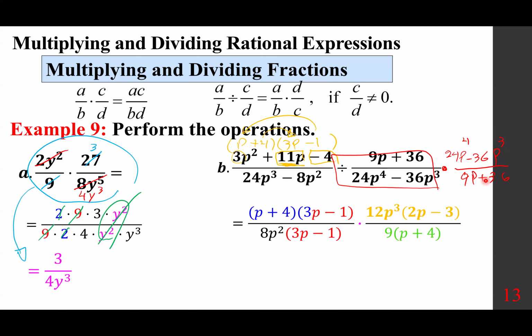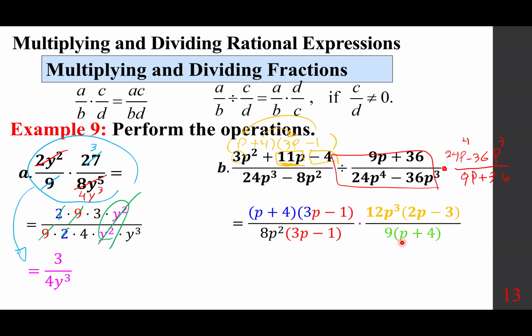So one more time, this becomes p plus 4 times 3p minus 1. This becomes 8p squared times 3p minus 1. This flips over, and 24p to the power 4 minus 36p cubed, we take the 12p cubed out from the bottom and put it at top, times 2p minus 3. The top, we take out the 9 and we put it at the bottom.